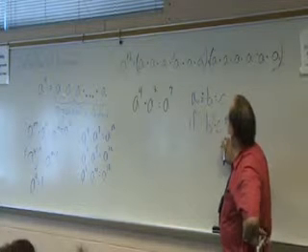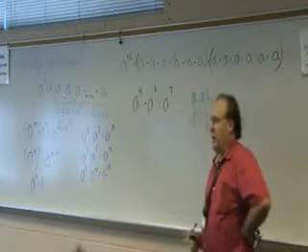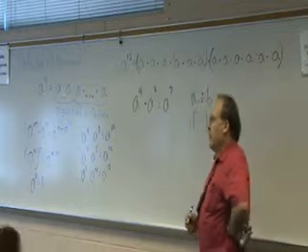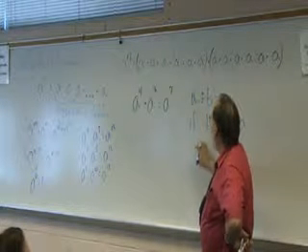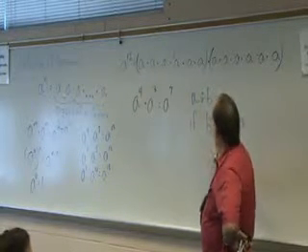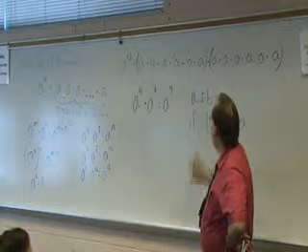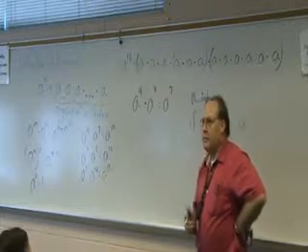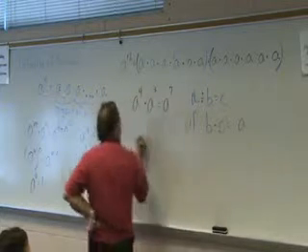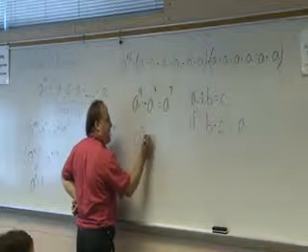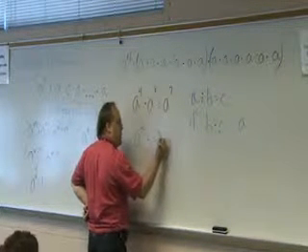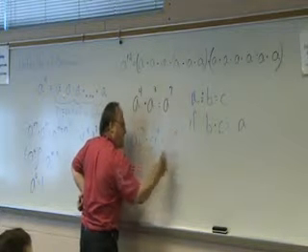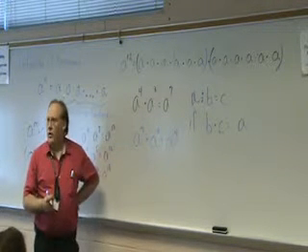Okay. So if I'm going to do this, then let's try it with this thing right here. So I know that A to the 4th times A to the 3rd is A to the 7th. So how can I write that as a division statement? Yeah, A to the 7th divided by A to the 3rd is A to the 4th.